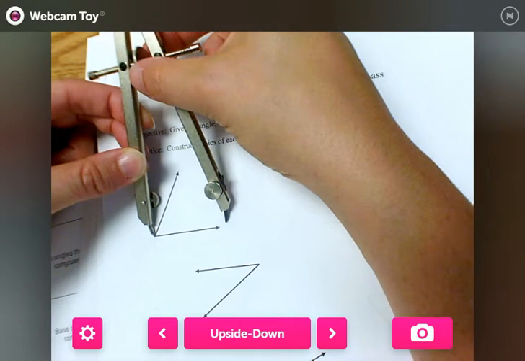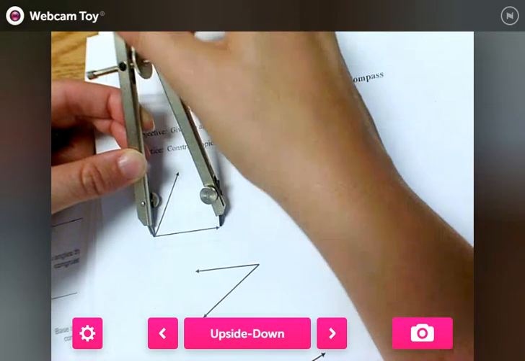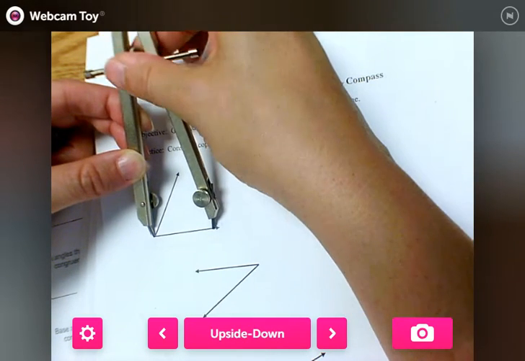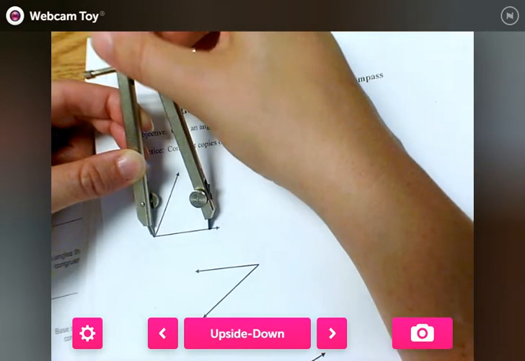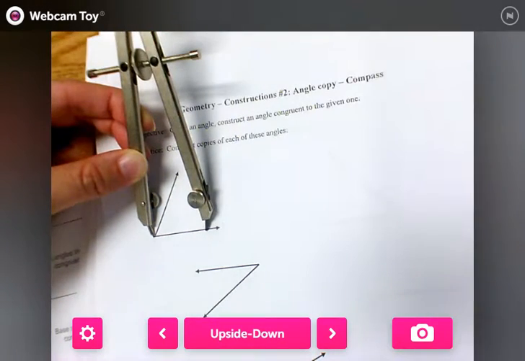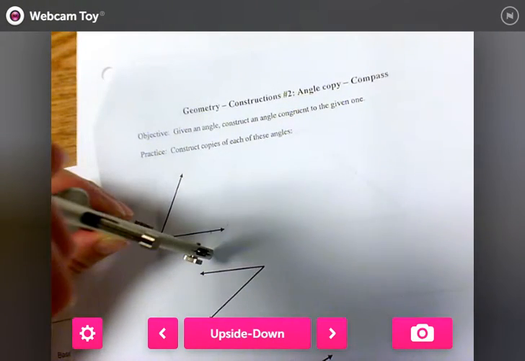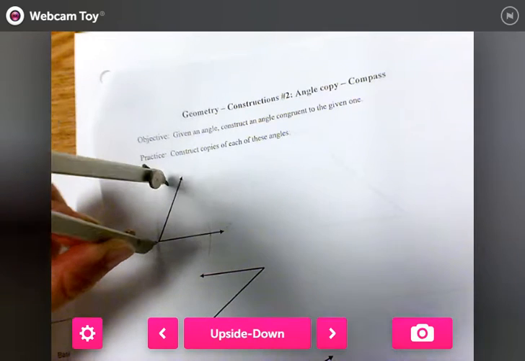And I want you to move your compass so that it is smaller than that bottom ray you have. Then I want you to make an arc across that.